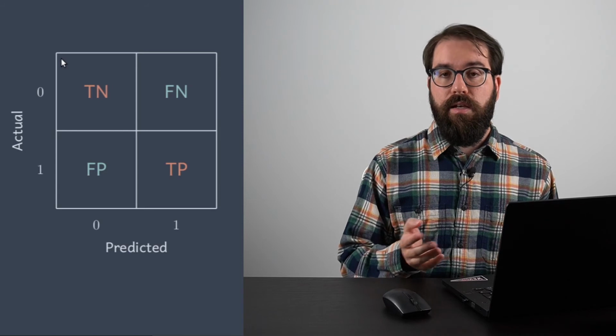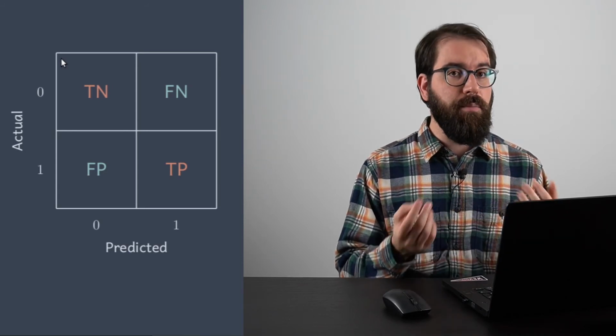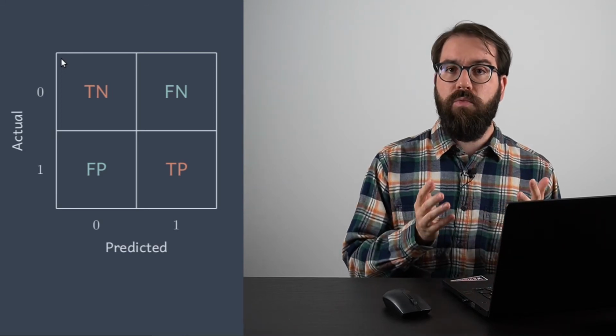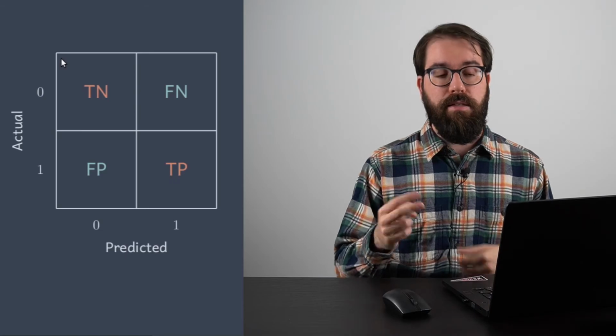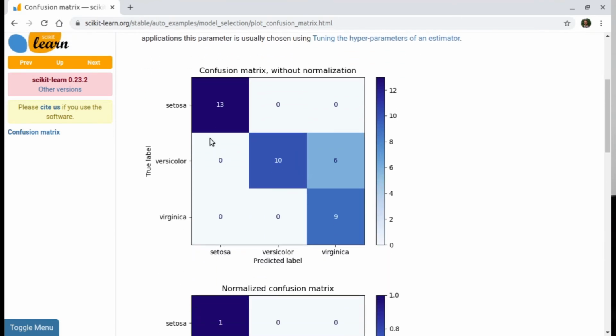What we have discussed here is for 2 classes, so we have a classification model that has 2 classes as labels. What happens when we have more than 2 classes? I will provide an example from scikit-learn that's using the Iris dataset that has 3 classes. The 3 classes are setosa, versicolor, and virginica.